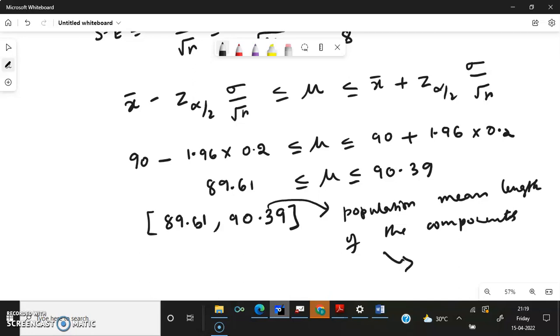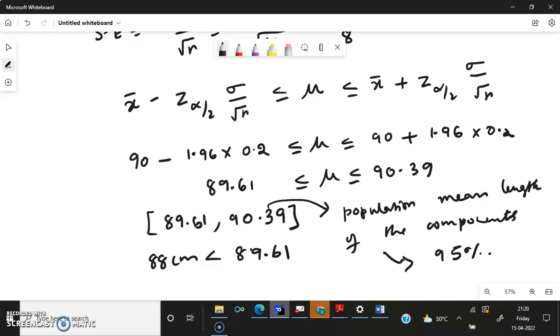What percent are you sure? 95%. The confidence interval is 95%. Therefore, we conclude that the 95% confidence interval ensures acceptance of the component by the customer. The question gives 88 centimeter. 88 centimeter is lesser than 89.61.